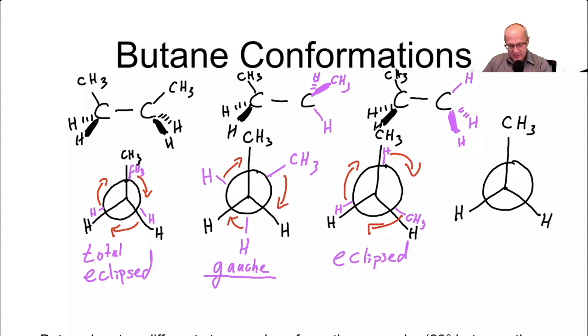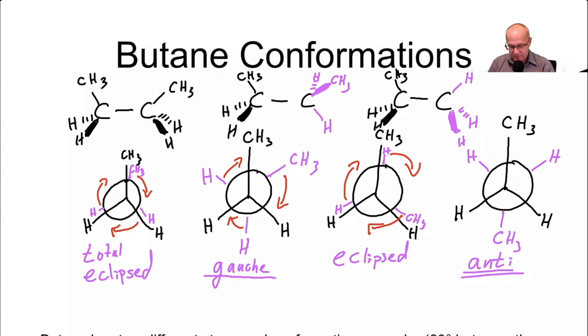Just rotate the back carbon. And there you go, there's the other one. This is called anti, where the large groups are 180 degrees from each other. Okay?